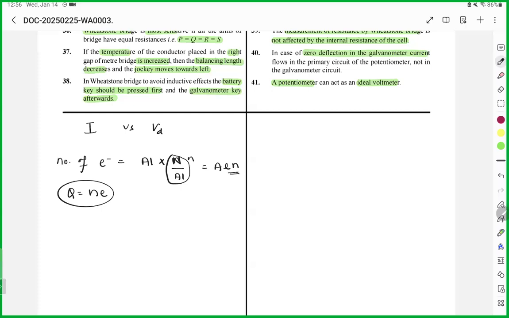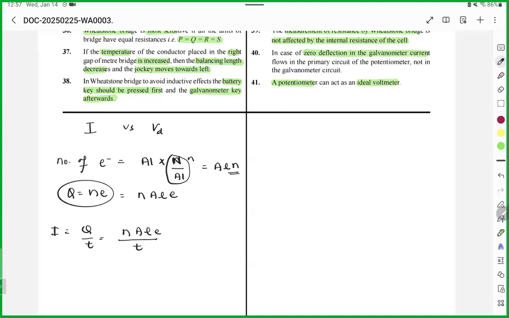Barinder, any doubt? No, sir. If you know this, then you know the quantization of charge q is equal to Ne. N value is n A L. Correct? Current is equal to charge upon time. What is charge value? nALe divided by time.